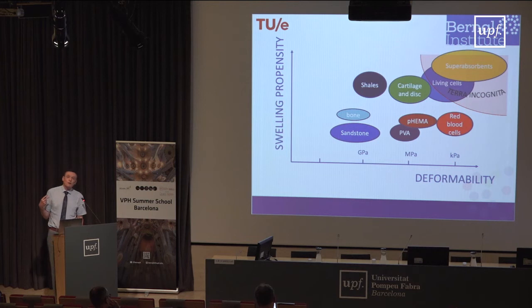But if you talk about intracellular space, you're down to kilopascal stiffness and very high swelling propensity. And especially in that upper right corner there, we get really into trouble. Why? Because the high swelling and high deformability makes the models and the materials extremely versatile and even sometimes unstable.